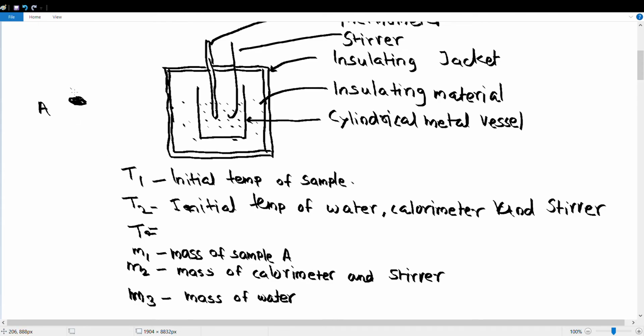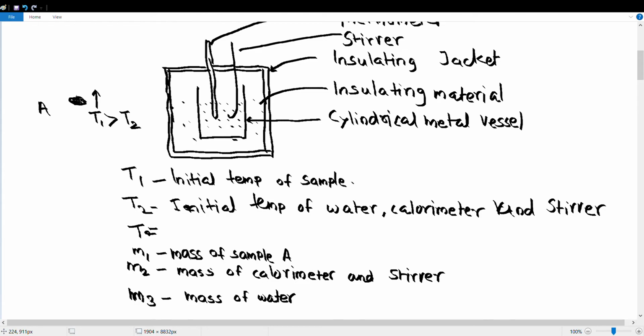Now we are interested to find the specific heat capacity of this sample. For that purpose, we heat this sample to a temperature T1 degree Celsius, which is greater than the temperature of water, the temperature of calorimeter, the temperature of stirrer.